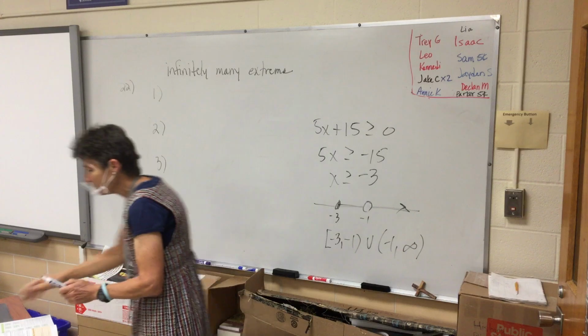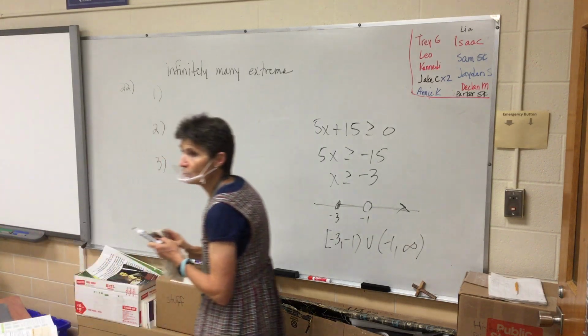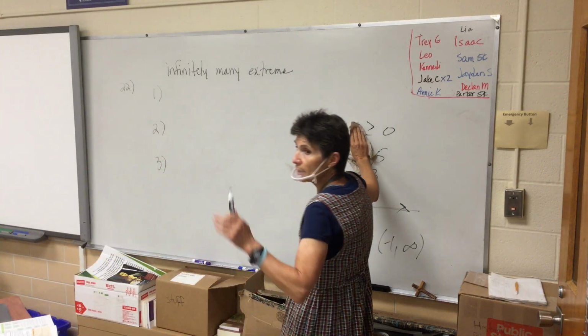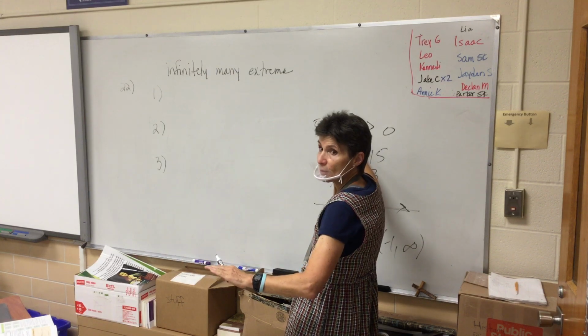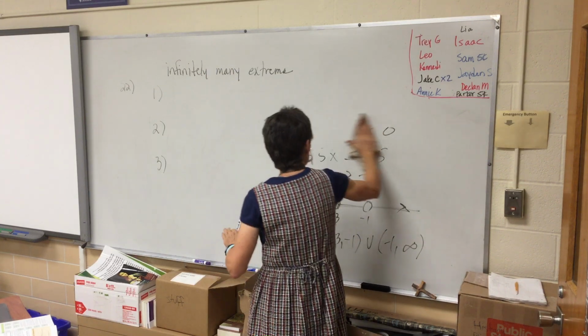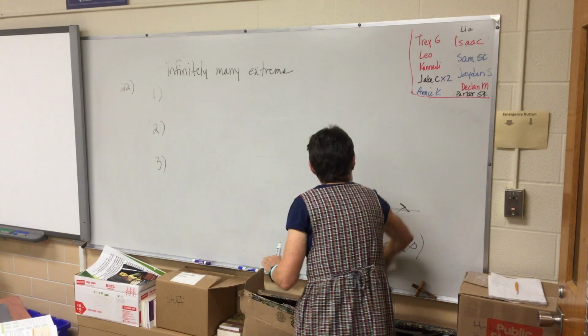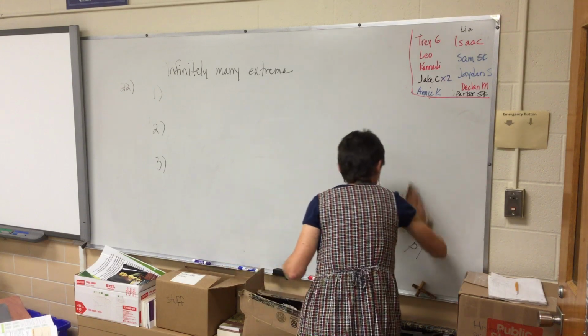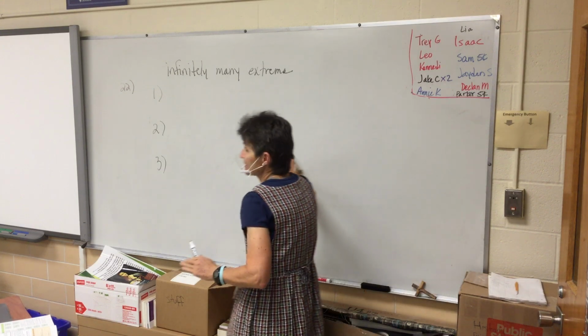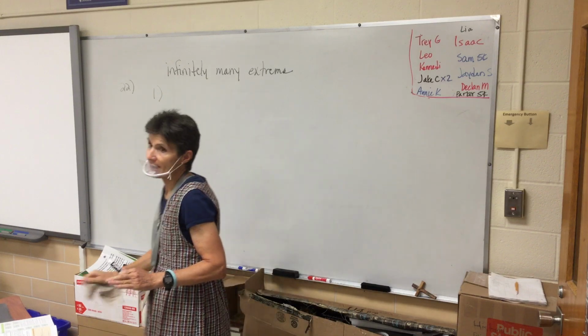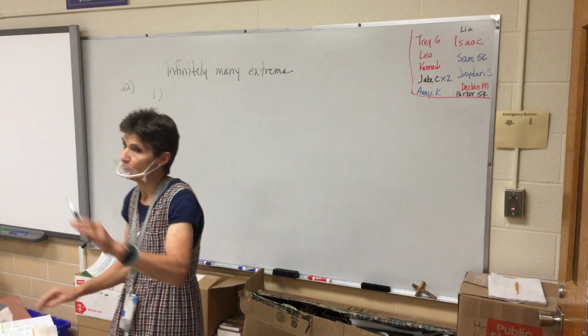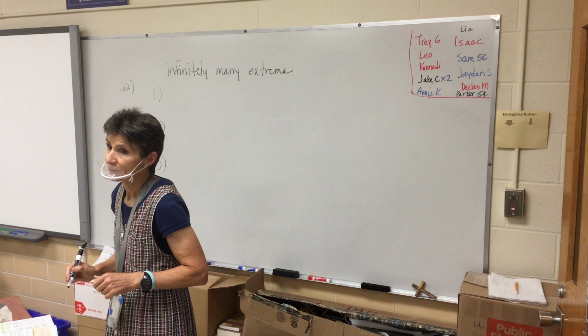Now, what do we mean by extrema? We've talked about that word before. What do we mean? Maximums and minimums. That's right. So look at all of your BFFs. Two of them are really easy. Two of the curves that have infinitely many high points and low points are easy. Josh? Never mind.